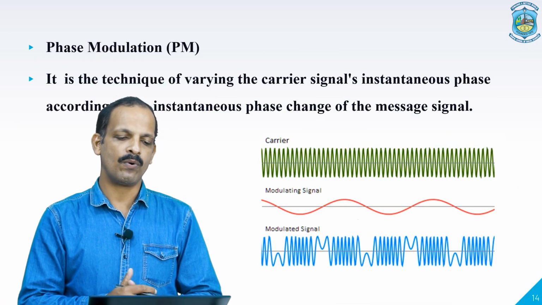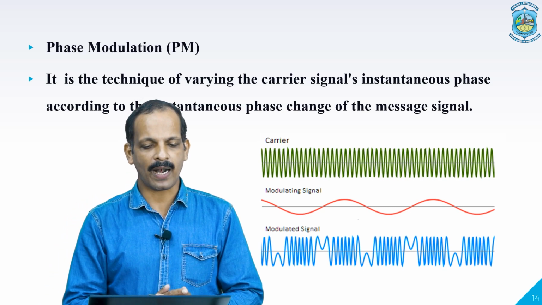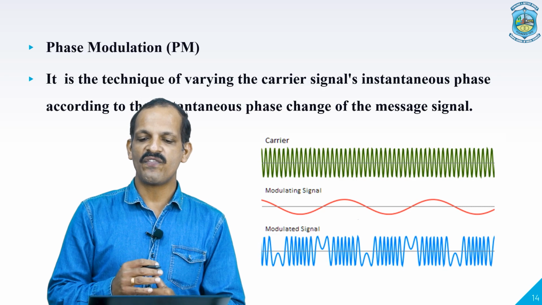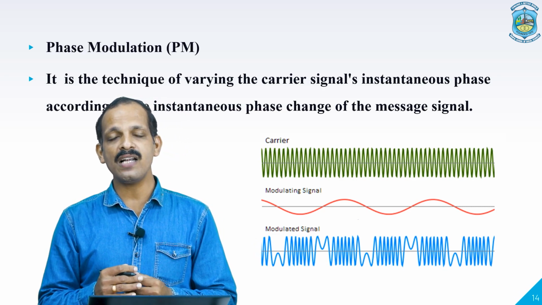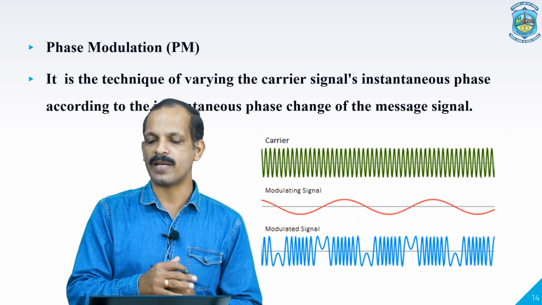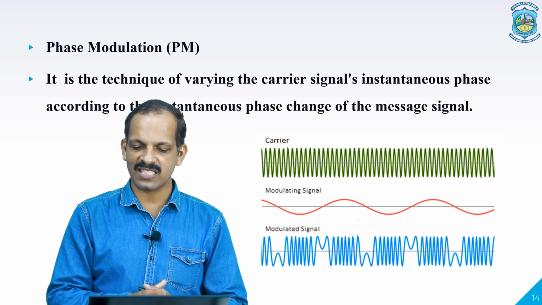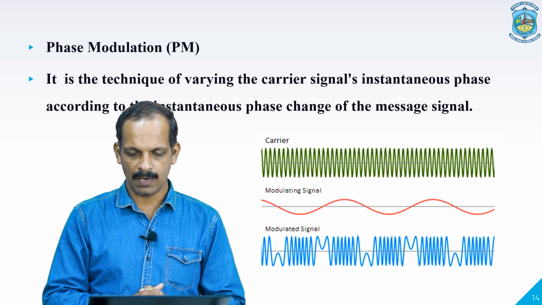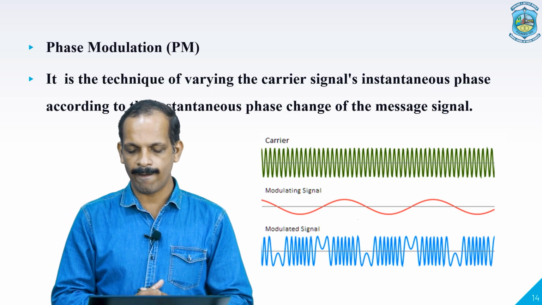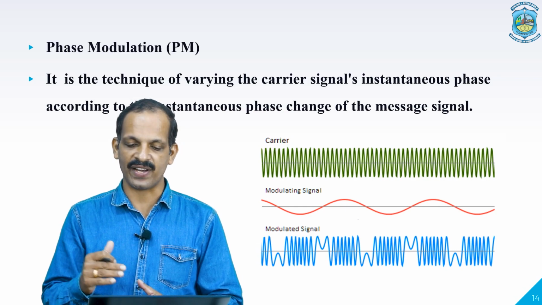We are discussing phase modulation. Phase modulation is a technique in which we vary the phase of the carrier signal with respect to the information signal. Here we use the same carrier signal and information signal, but the resultant signal is a little bit different.